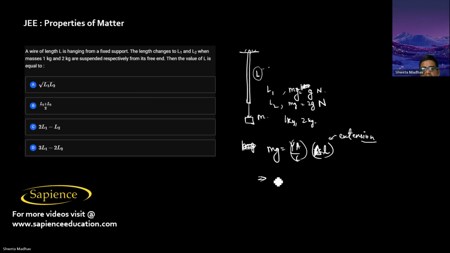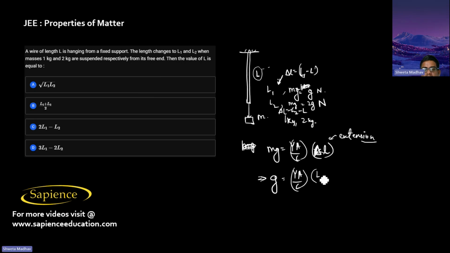We can say in the first case delta L will be L1 minus L, and in the second case delta L will be L2 minus L. Therefore, in the first case the load is g, so g is equal to YA by L, where Y is the Young's modulus of the wire, and the area of cross section will not change.